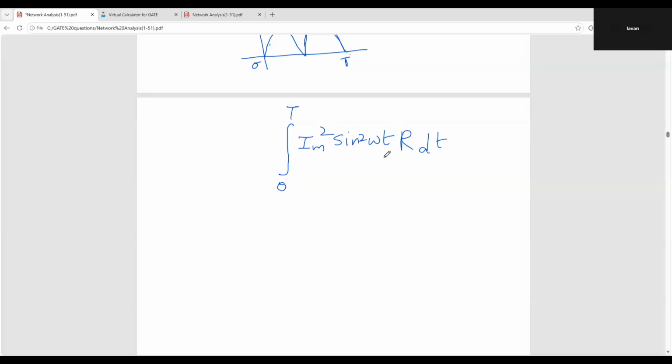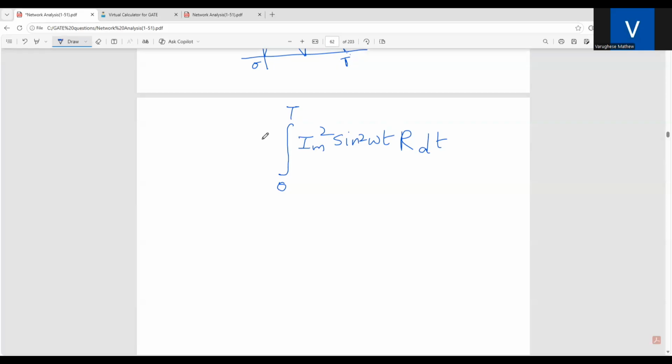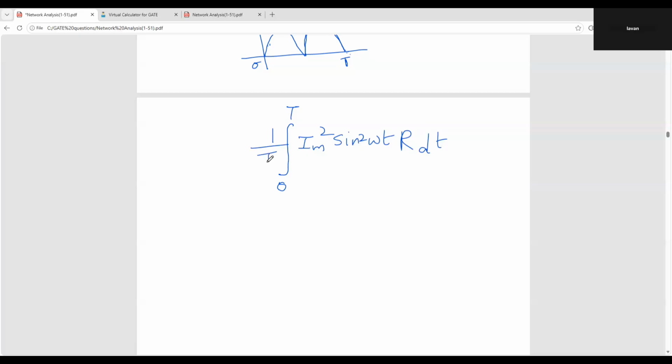Yes, sir. Now I take the average. If I have to take the average, instead of addition, I'm integrating, and I have to divide it by the total. Im and R will come out. Okay, Im squared and R will come out. I divide it by T. Okay, correct.